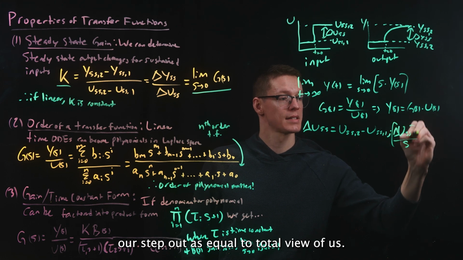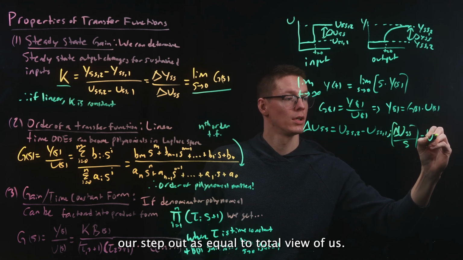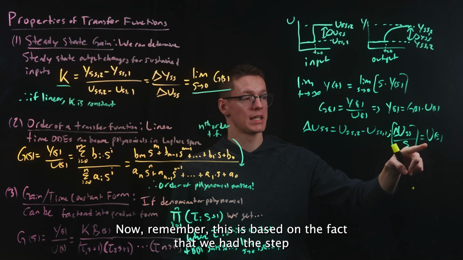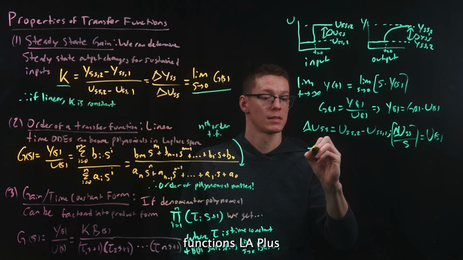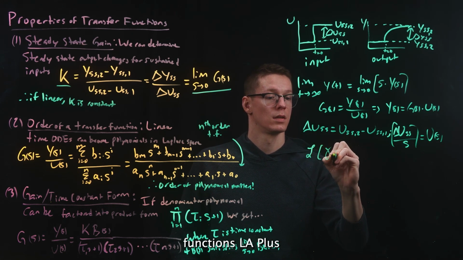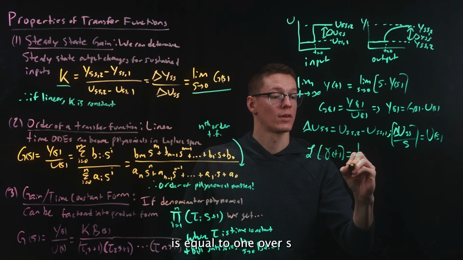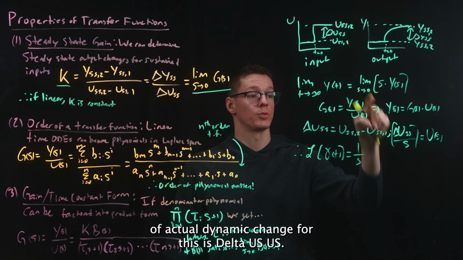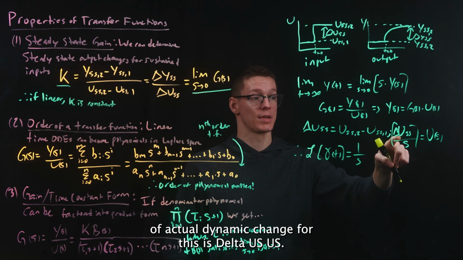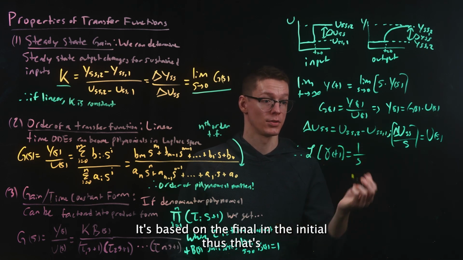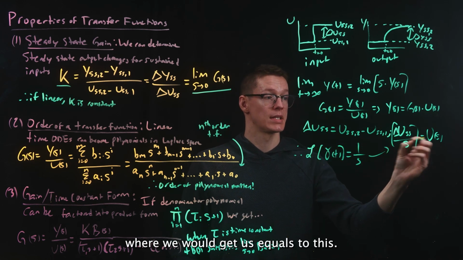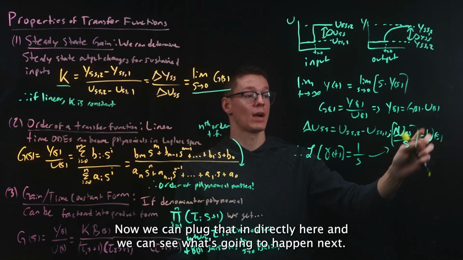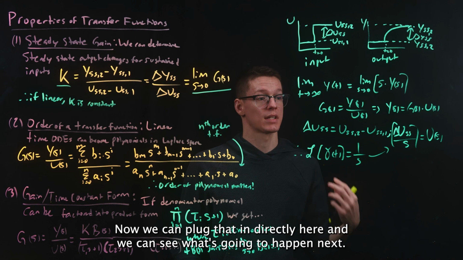And now remember, this is based on the fact that the step function's Laplace is equal to 1 over s, and we know that the amount of actual dynamic change for this is delta USS. It's based on the final and the initial. Thus, that's where we would get U of S equals this. Now we can plug that in directly here, and we can see what's going to happen next.